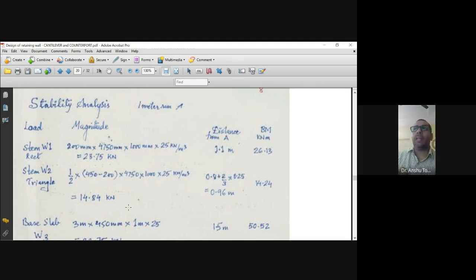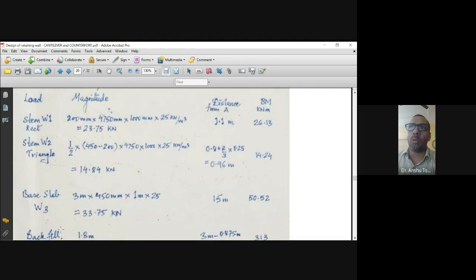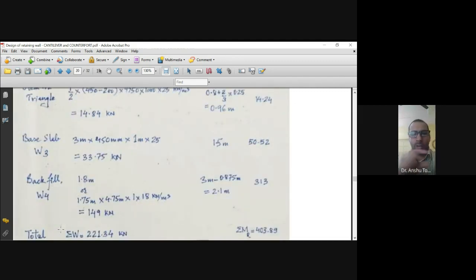So 200 multiplied with the depth of the retaining wall into the 1 meter length, that is 1000 mm, into unit weight. इस तरह से हम ये W1, W2। बेस स्लैब जो है हमारा 3 मीटर का है, 3 मीटर इंटू 0.45 उसकी थिकनेस आई थी, 3.45 into 1 meter into 25. This will give us the load corresponding to the base slab.